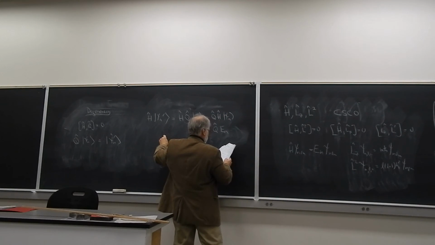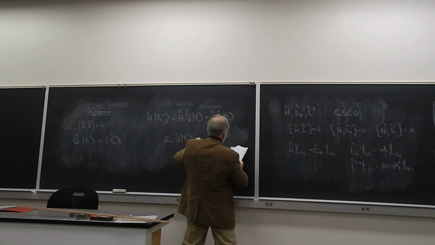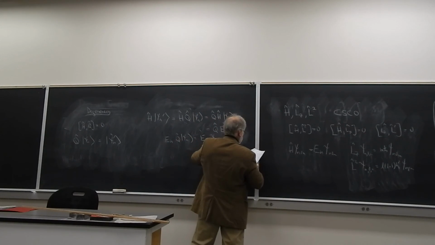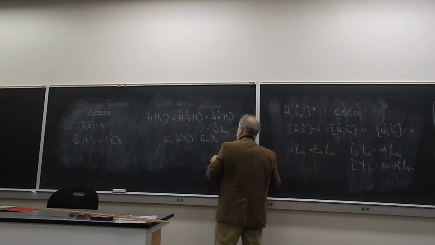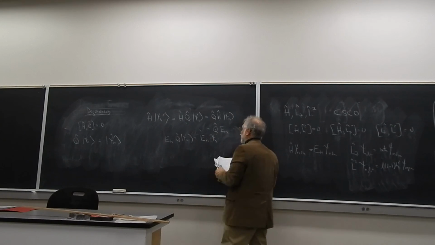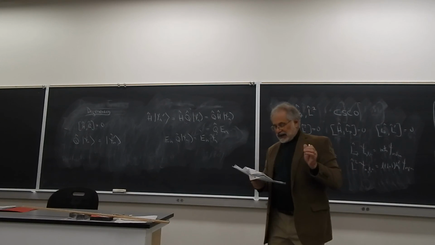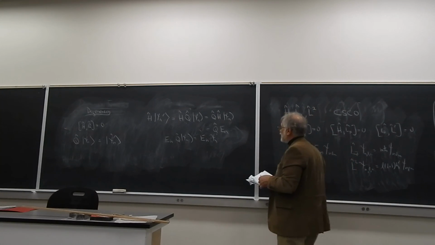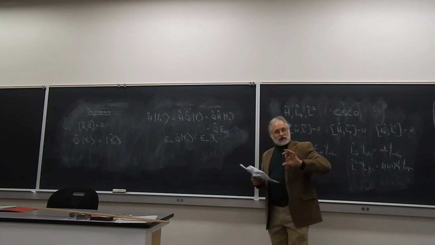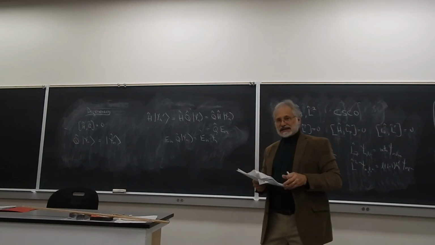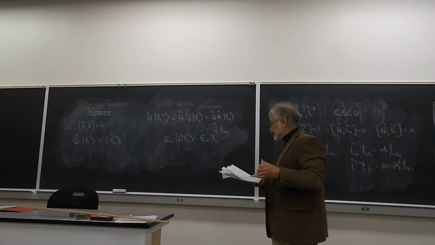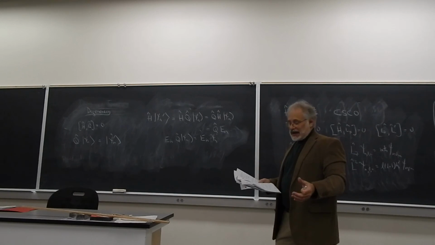And so E sub n Q applied to psi of n is going to be equal to E sub n psi of n prime. So an example of this: if I have an eigenstate of a spherically symmetric Hamiltonian, and you rotate the state about the same axis, you're going to get back another state, but you're still going to have the same energy.